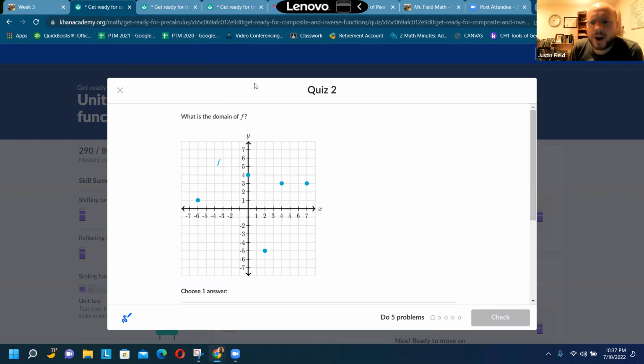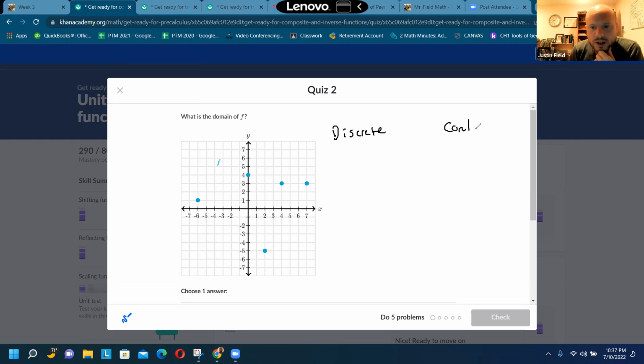So we know domain and range, right? Domain is the x values. So we want to know all the x values. So I'm thinking it's discrete. This is a discrete function versus continuous. So this is discrete. Continuous is like that. Important concepts in calculus.